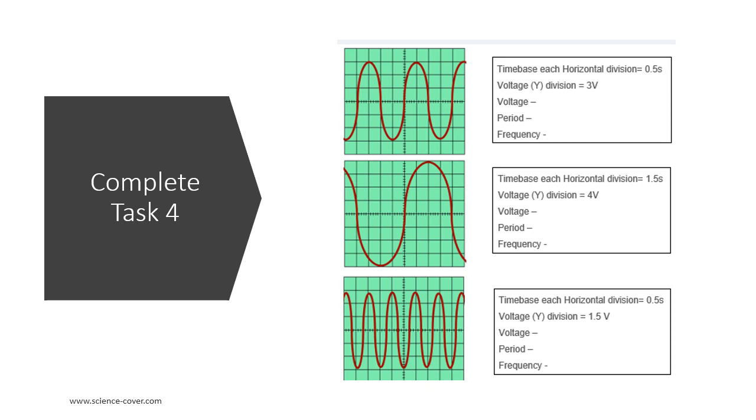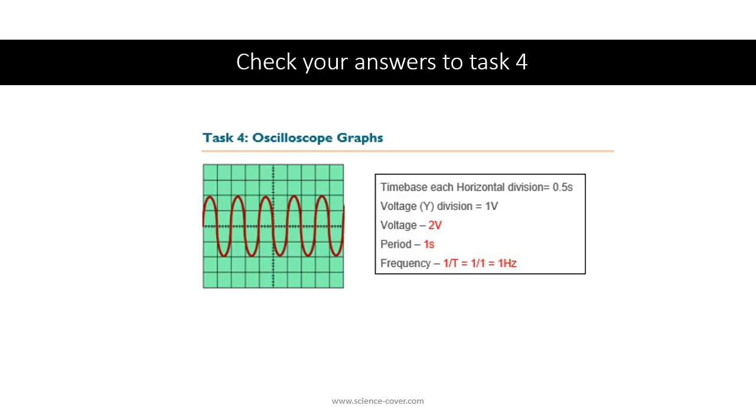Pause the video and complete task 4. Let's check our answers to task 4. For the first graph, the voltage should have been 2 volts, the time period is 1 second, and the frequency is 1 Hertz.